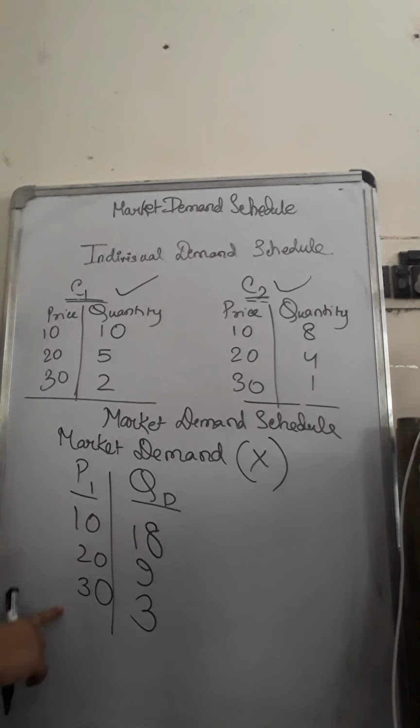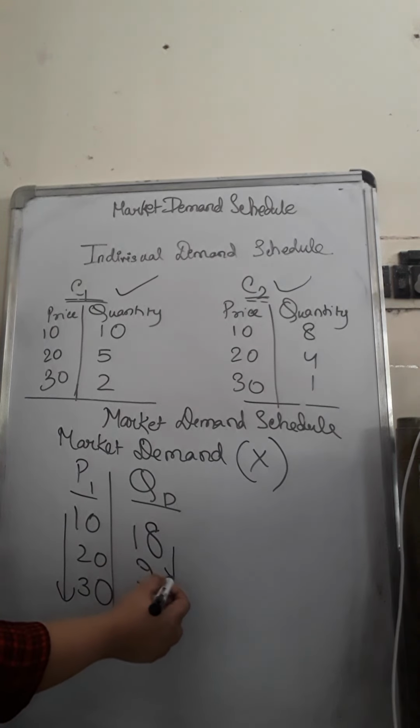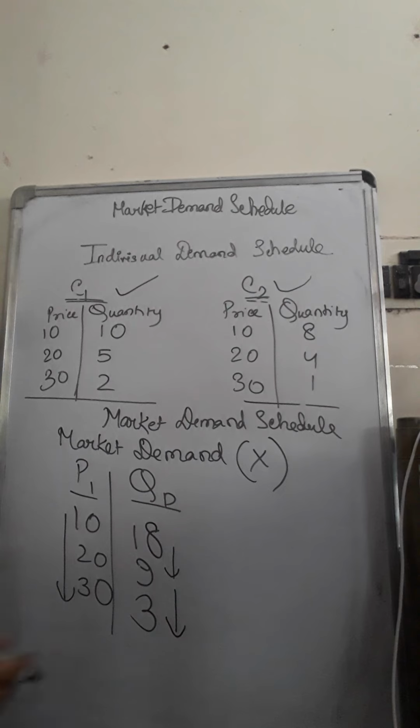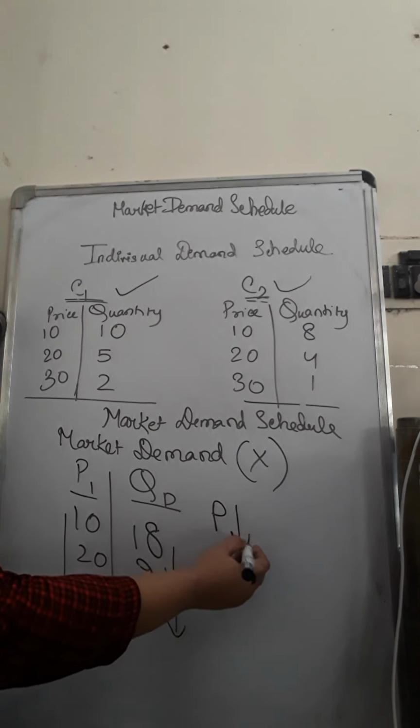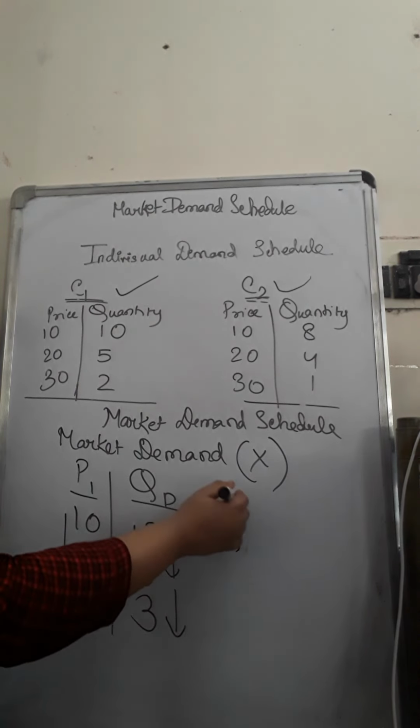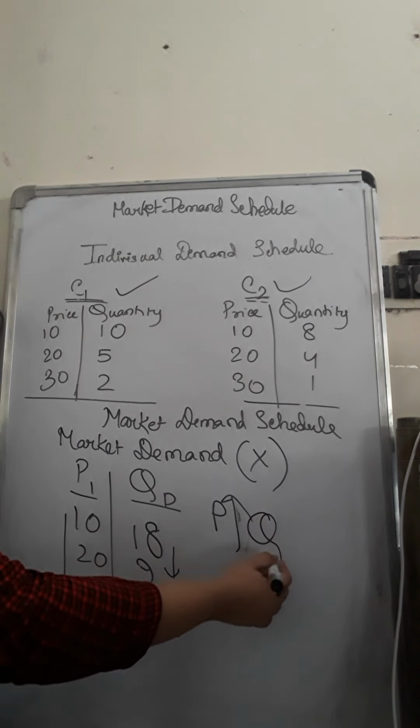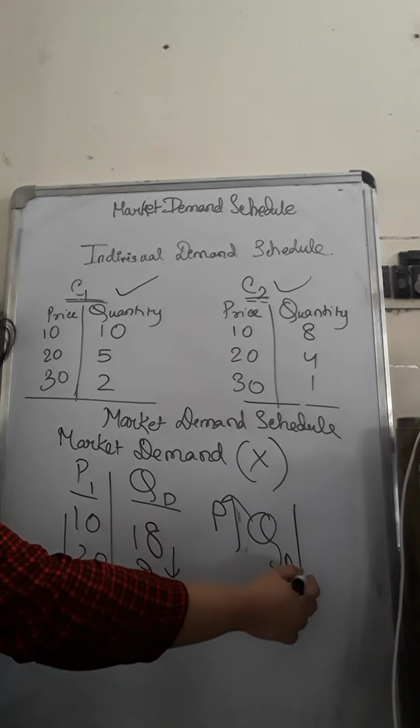Now if you see the pattern of the market, you can see that as the price increases, 10, 20, 30, the quantity demanded falls, 18 to 9, 9 to 3. So we can say that the market also exhibits, and it also proves, that the law of demand holds, because when the price increases, as we have shown in the example, quantity demanded falls.